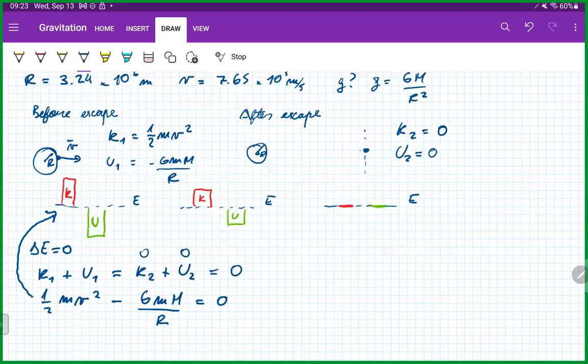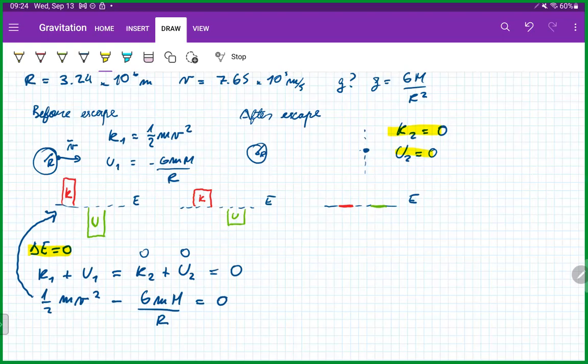Okay. Is it clear that we are applying this? If you're not applying conservation of energy, then we cannot solve this. We need to make those assumptions. The key considerations here are these two: the potential energy reaches zero, so there is no gravitational interaction at the point the object is escaping, and the kinetic energy is zero too, because the velocity is the minimum to escape.